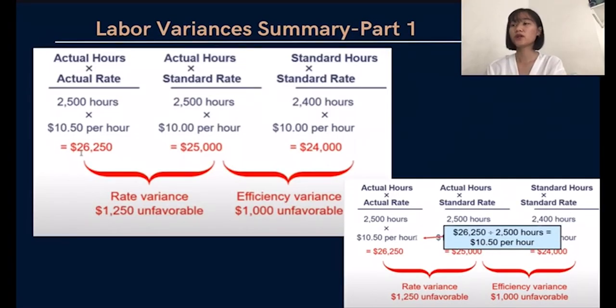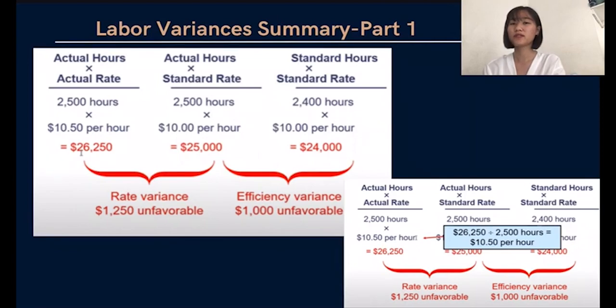So the actual hours worked was 2,500. The standard hours would be 2,400. Now they paid the actual rate of $10.50 per hour, and they should have been paid $10.